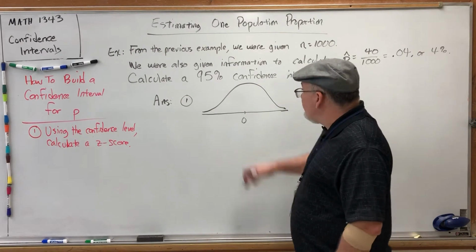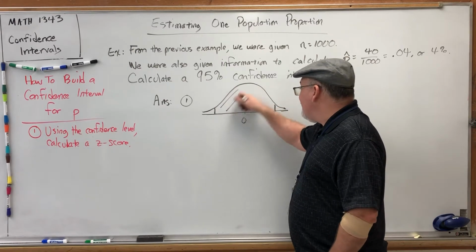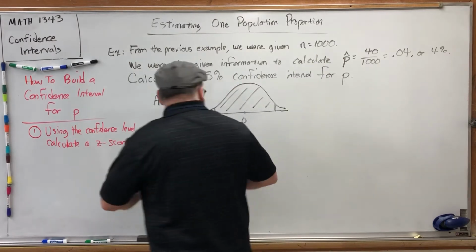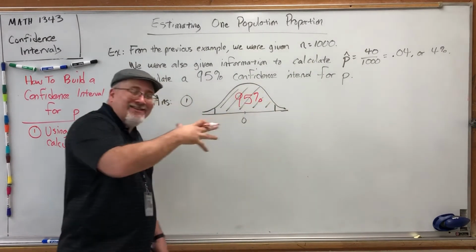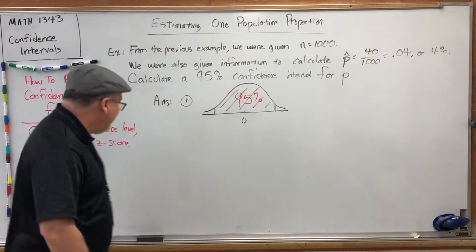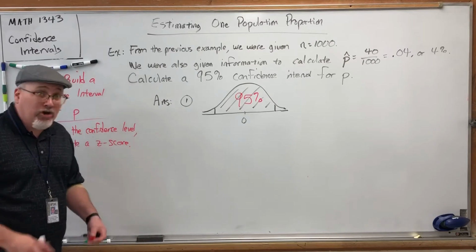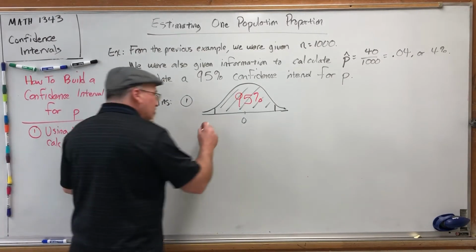In other words, we're going to cut off the middle and say that this is 95% of the area. That's what you do with the confidence level. You park it in the middle of the bell curve, and in this case, it's a standard normal distribution. In other words, a z-curve. And we need to find the z-scores that cut these off.